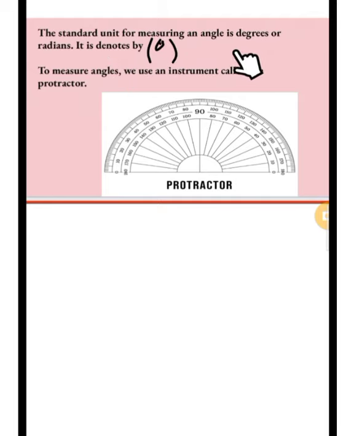For example, in the last lesson we saw how we use symbols for line, segment, and ray. Like that, for degree we put a symbol like this. To measure angles, we use an instrument called the protractor. This we will see in the geometry box. We can use this to measure angles.